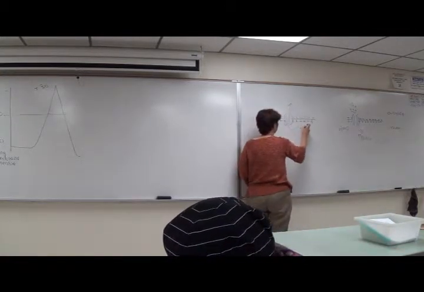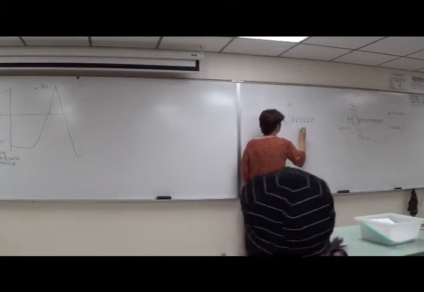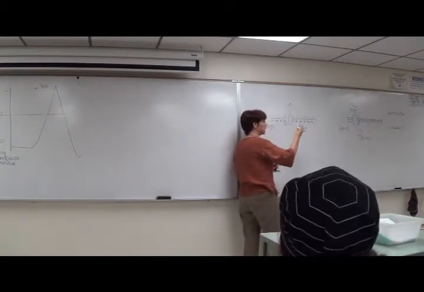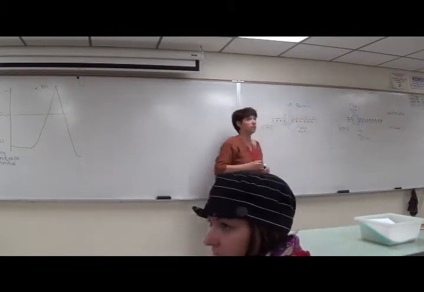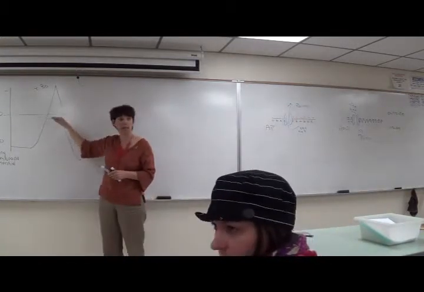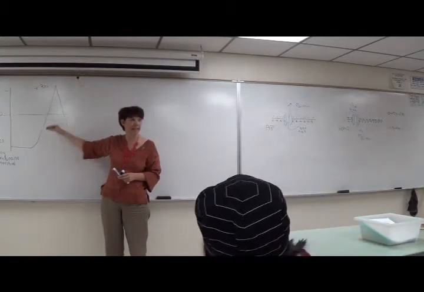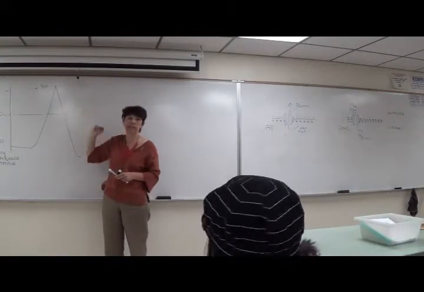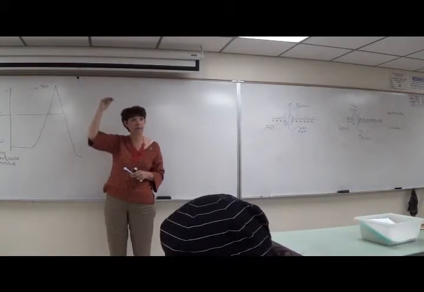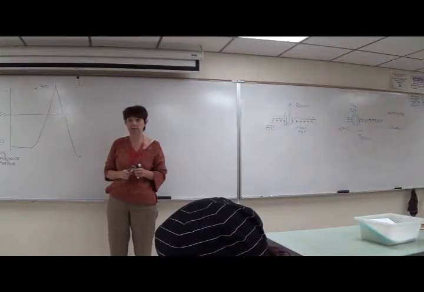So there would be an outflow of positive charges, such that it would take a current of 30 millivolts, again, to bring this back down to 0. Not to bring it back down to minus 70, just to bring it back to 0. Okay? That's what the plus 30 means when we're at the peak of our action potential.